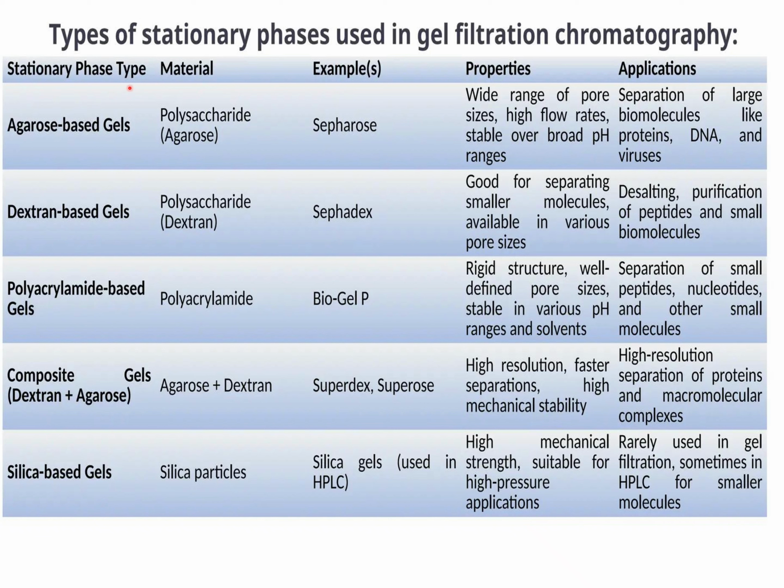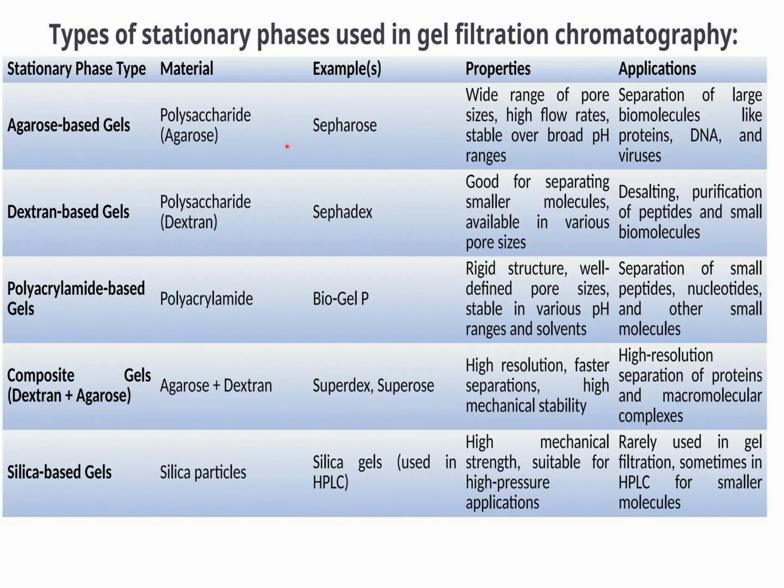So we can easily understand that our stationary phase plays a vital role in the separation, because it is not like the other stationary phases, like column chromatography, TLC, or HPLC. It has some property: it contains pores and retains the smaller particles.